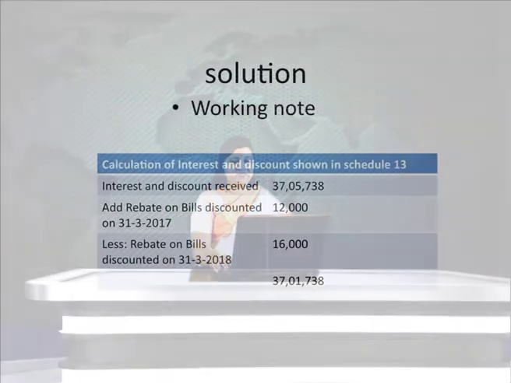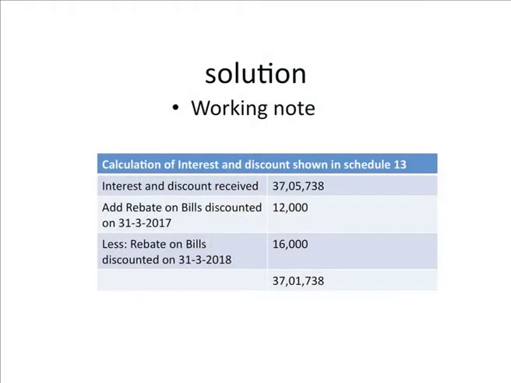So the provision of the current year will be reduced and the previous year is reversed. The previous year would be added and the current year would be reduced from our income, because it is a part of unearned discount. So the aggregate value to be shown under schedule 13 for the income of interest and discount is 37 lakh 1,738.